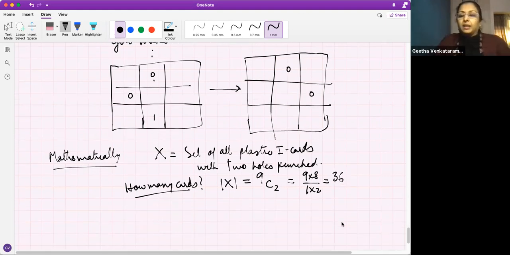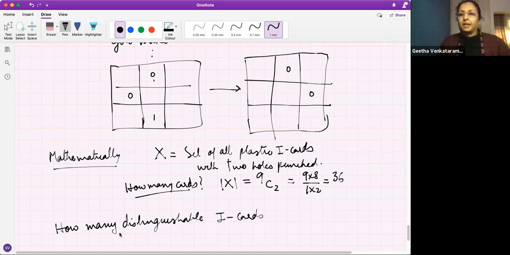So you have 36 such plastic cards that you can make, but not all of them are going to be useful to you. So what you want to find is how many distinguishable I-cards.